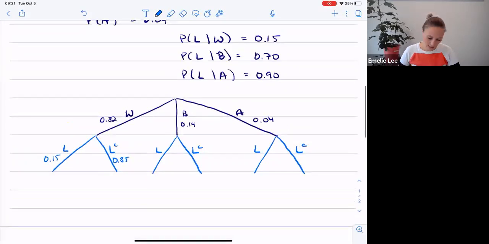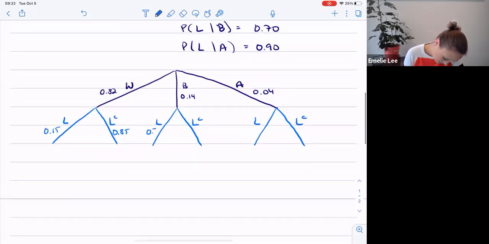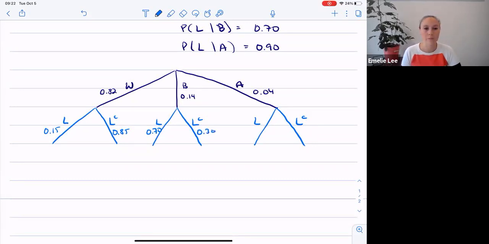Now we can go to the second set of branches. Given that I've headed down the Black branch, the probability of landing on an L is 0.7. So here I am at the end of this Black branch. The probability of getting an L is 0.7, which means the probability of not being lactose intolerant must be 0.3.